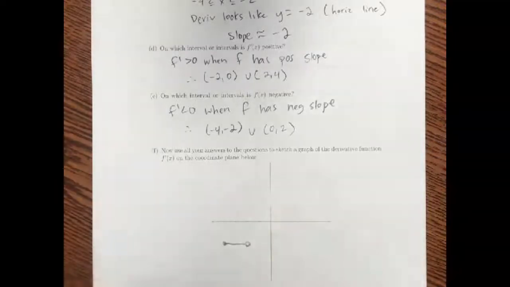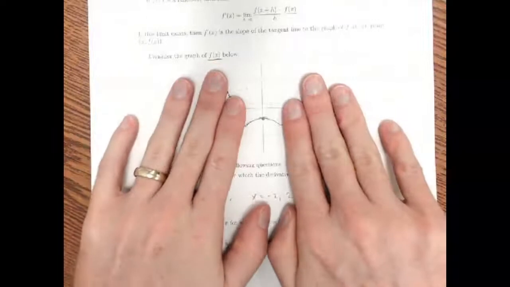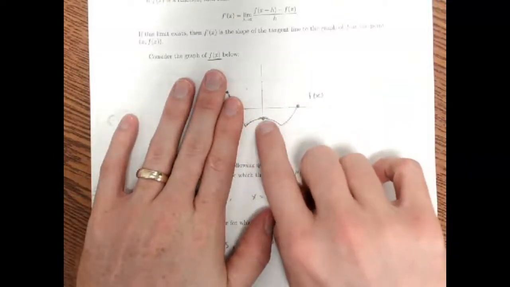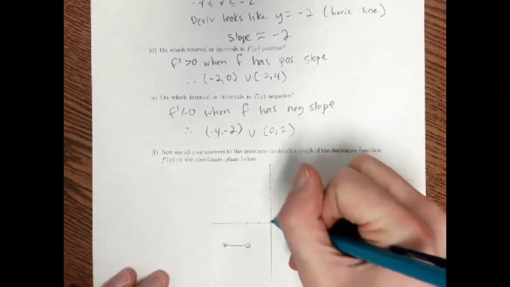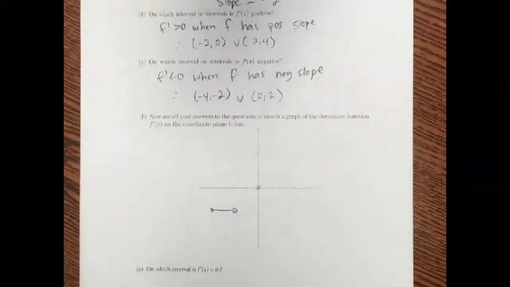Now let's think about what some of the other slopes would be. If you're looking at the graph, this middle segment looks kind of like a parabola. It starts off with a positive slope, then it has a 0 slope, then it's got a negative slope. So for sure I know the derivative is going to go through this point because the slope at 0 was 0.